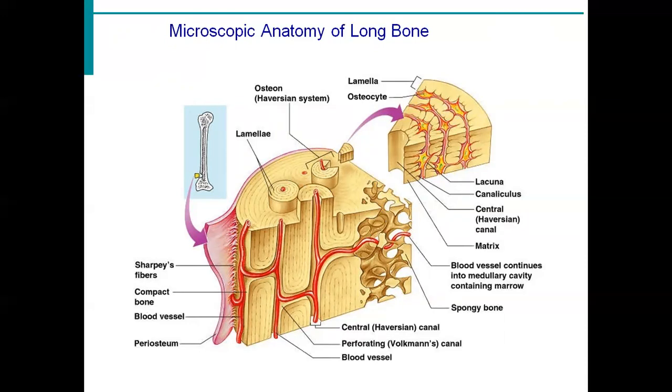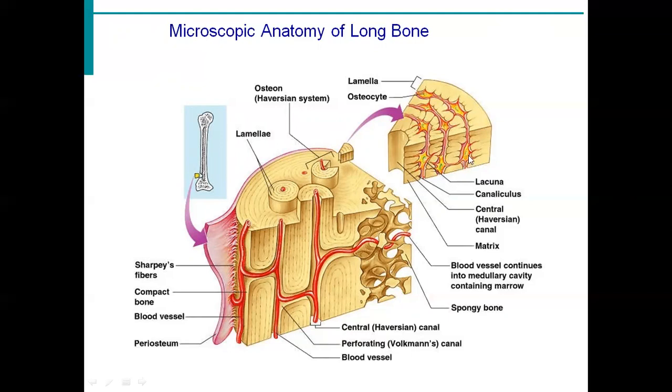The lamellar structure is the main constituent of bone tissue. This lamellae is the area of entrapment for osteocytes.